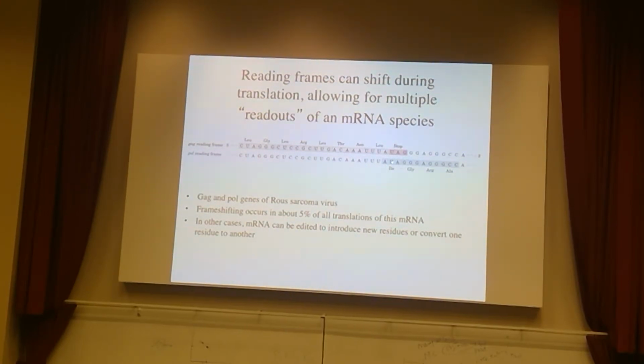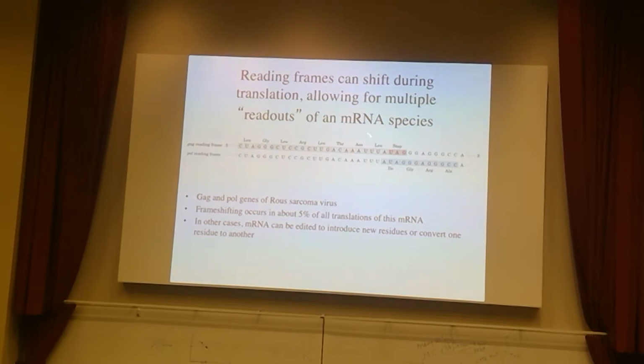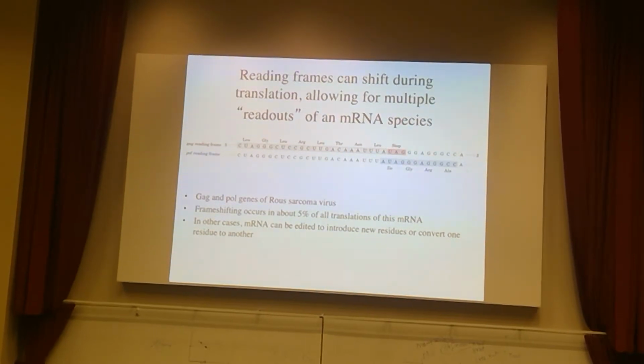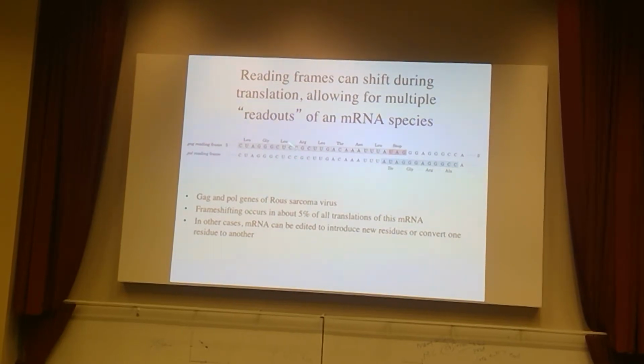And I'm just going to read that as AUA, isoleucine, and now we're back to the races again. So this is a frame shift, and this allows 2 different protein products to be made by this particular gene in this virus.